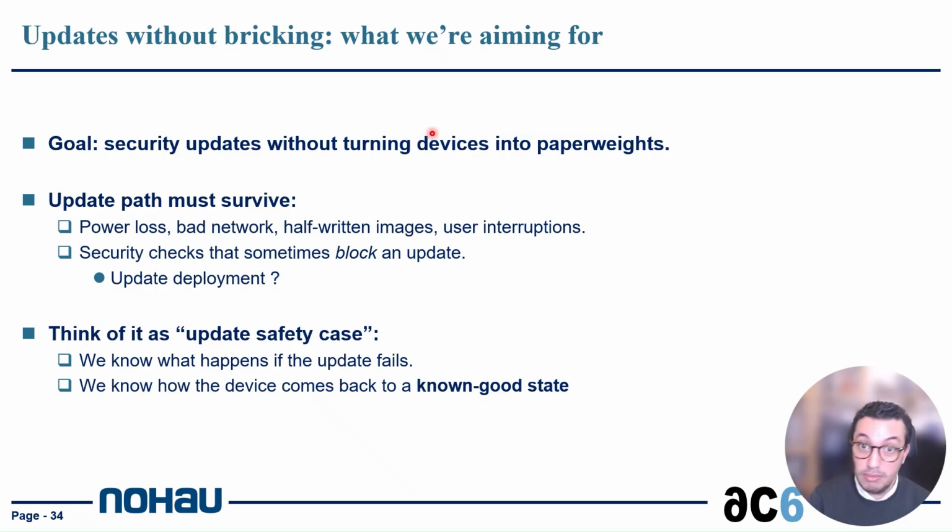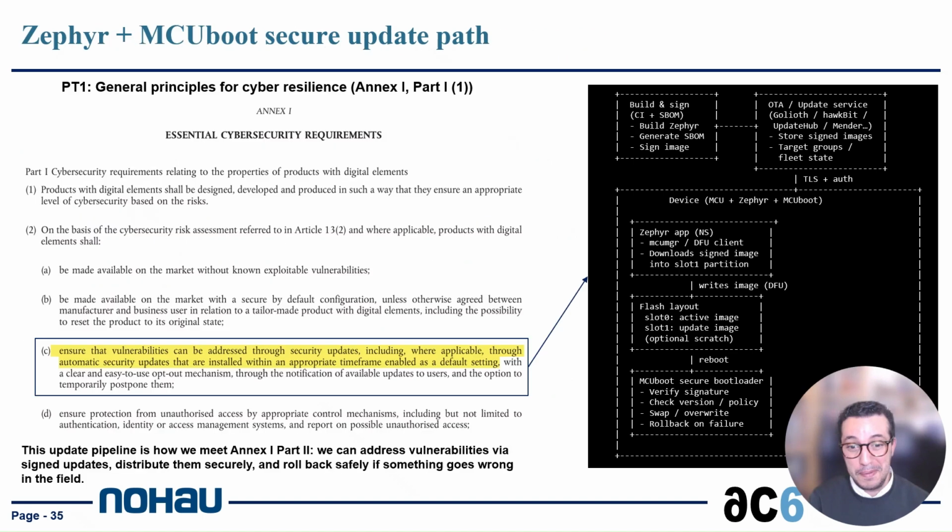Even our own security checks might stop an update, and the device still needs to handle that safely. So the easiest way to think about it is: what happens if the update fails, and how does the device recover to a known good state, which is covered, for example, in the MCUboot with Zephyr that I explained before.